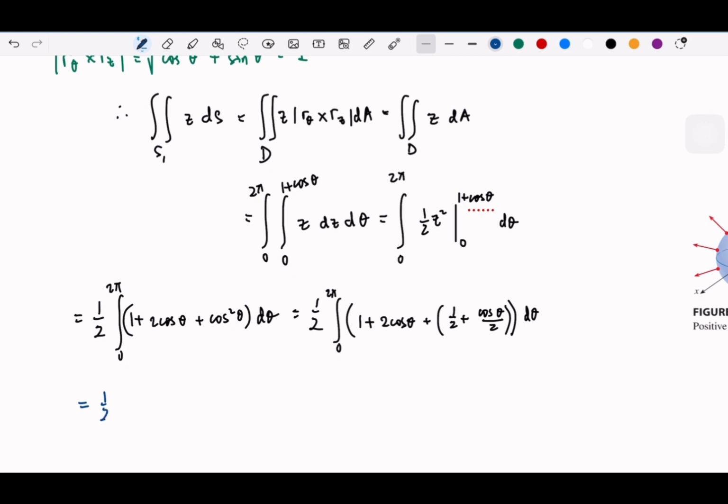So half multiplied with 3 over 2 theta, and then it's the same cos, oh sorry, it should be the double angle, so plus 2 sine, and then plus 1 over 4 sine. Sine will be 0 because of 2 pi and 0, so we only have 3 pi multiplied by half, it's 3 over 2 pi.